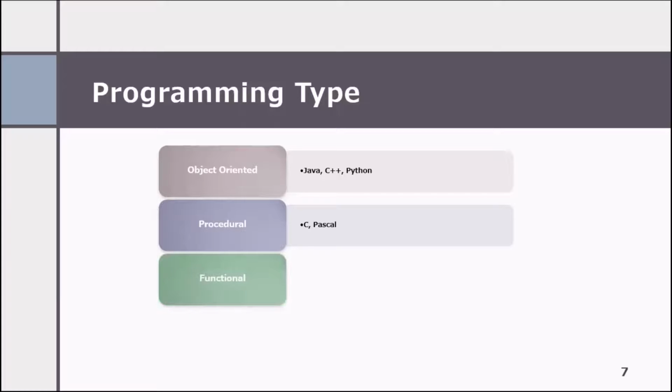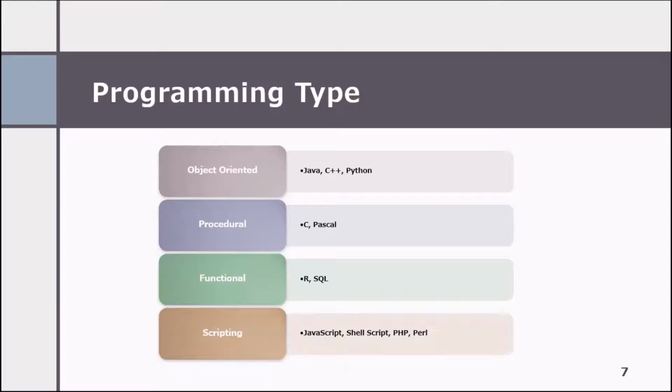Functional programming type, treats computation as the evaluation of mathematical functions and emphasizes on the application of functions. R is considered a functional programming language, but it also has flavor, or it overlaps, you can say, with object-oriented approach. Scripting programming type basically allows control of software applications and are interpreted from source code.